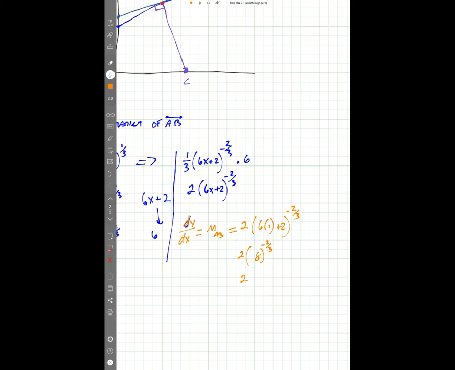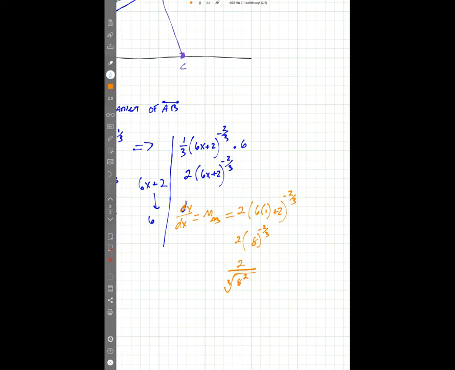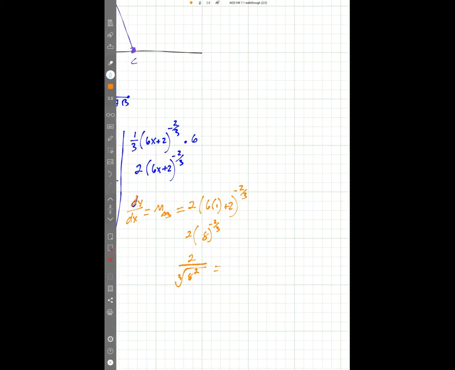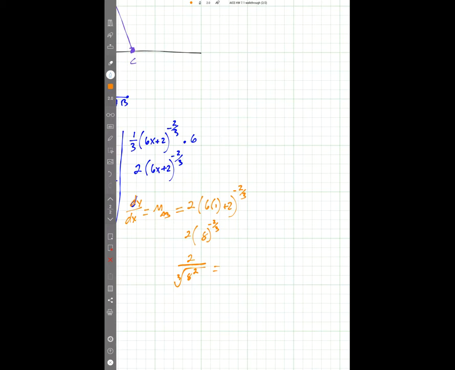So this is going to be 2 over, that takes care of our negative, 8 squared, the cube root. I could do this on a calculator, but I think it's more fun for you to see the math done out longhand.